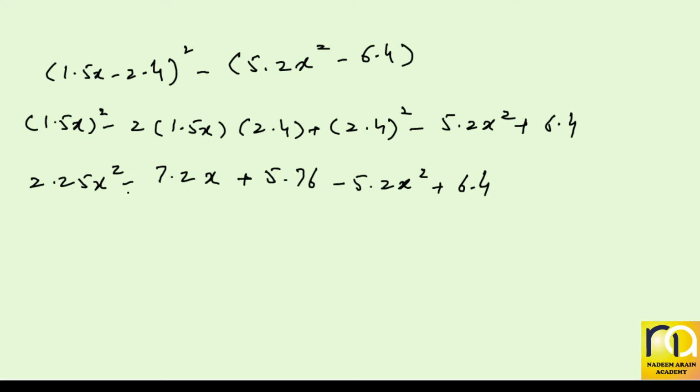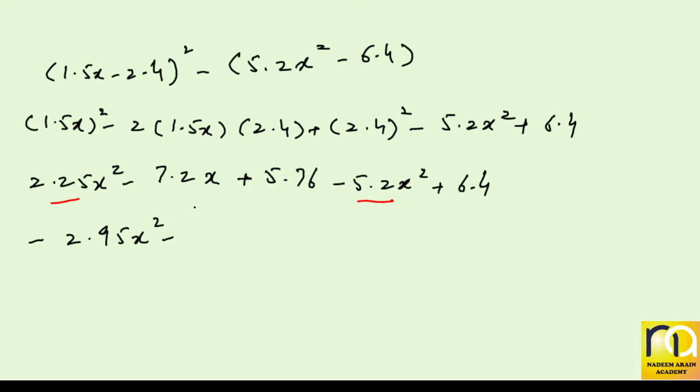Okay, now these two values should be added together. So negative 5.2x squared plus 2.25x squared. So let me do it on the calculator. 2.25 minus 5.2, that's negative 2.95x squared.